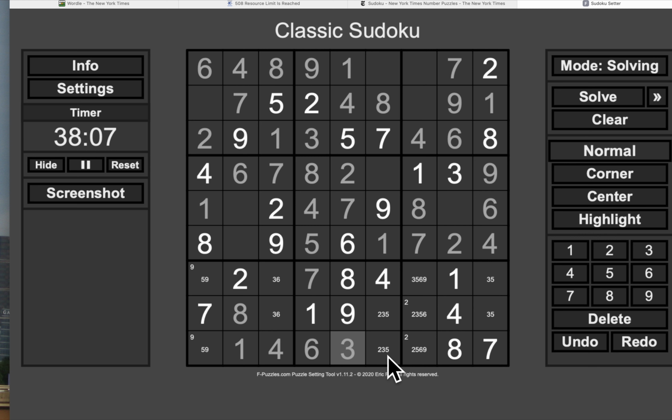That must be 3, which says this is not 3. Yeah, that can't be 3.